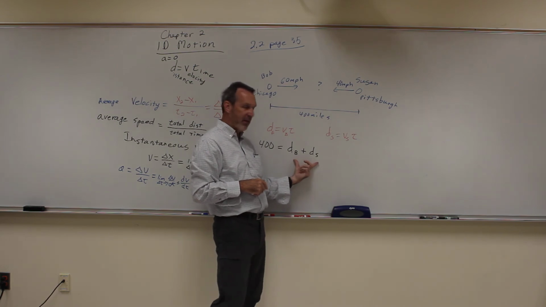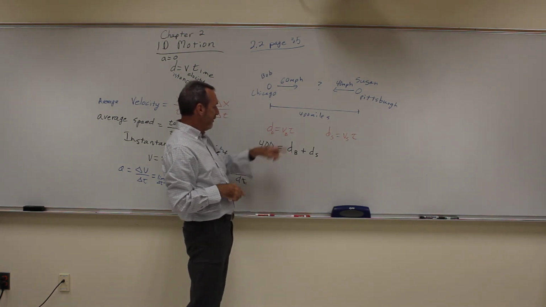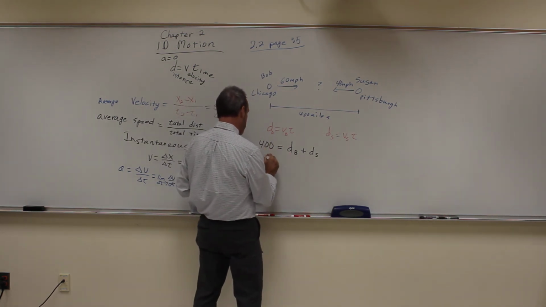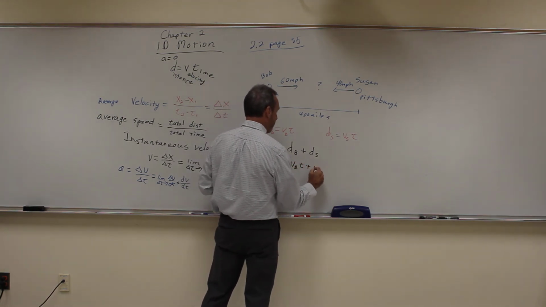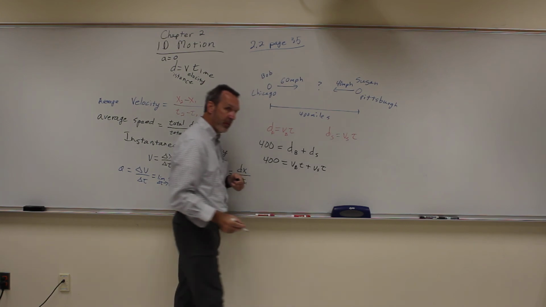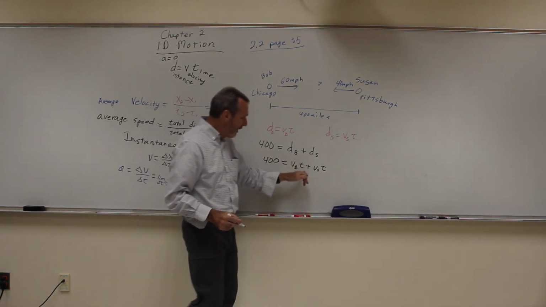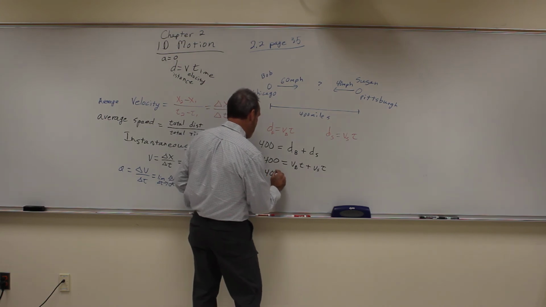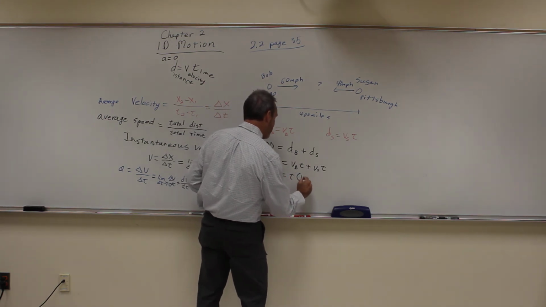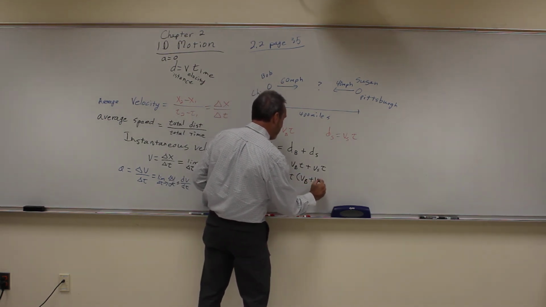I can just add those together. But I can substitute. So this becomes 400 is equal to the velocity of Bob times time plus the velocity of Susan times time. But remember, they're going the same amount of time, so I can factor this out. So I'm going to get 400 is equal to time times the velocity of Bob plus the velocity of Susan.